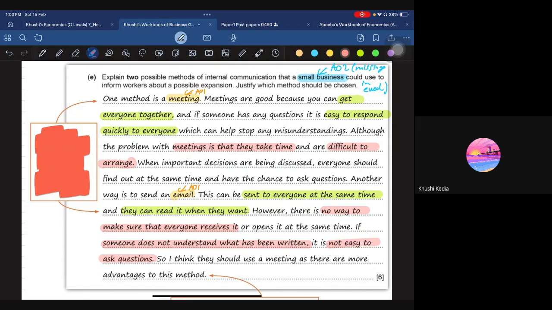Now the evaluation. How about the person's evaluation? They chose a side, which was using a meeting, but there's no reason given for why choosing a meeting would be better compared to an email. Okay. So how many marks? That will be 5 out of 6.